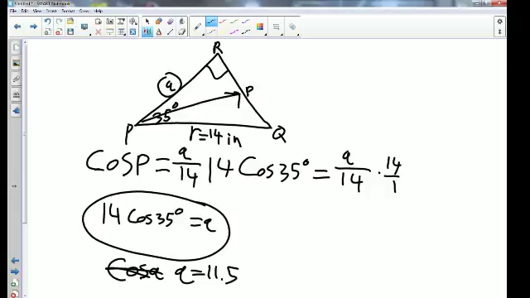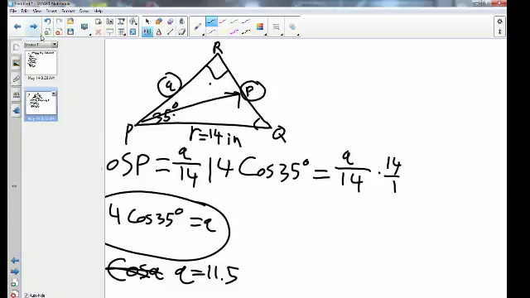And then, knowing that, you can use the Pythagorean theorem to find the side length P. And we already have two angles, so you can find this angle.